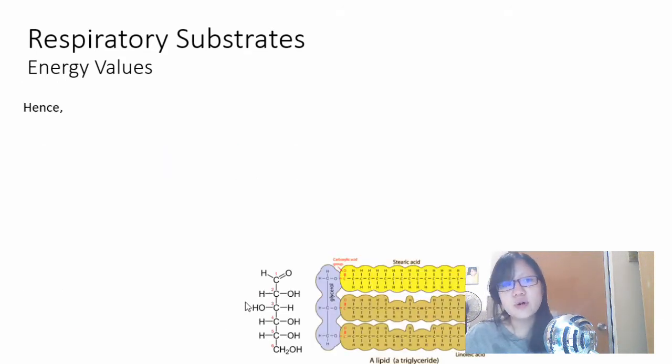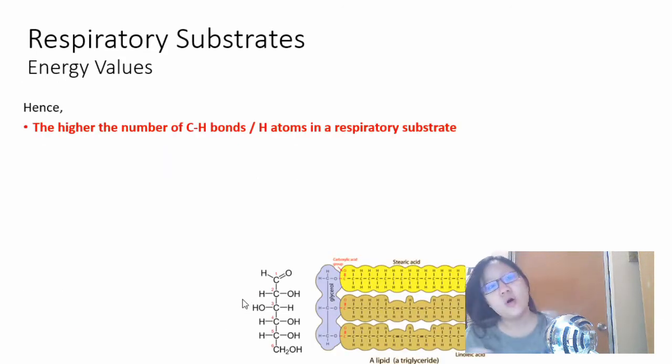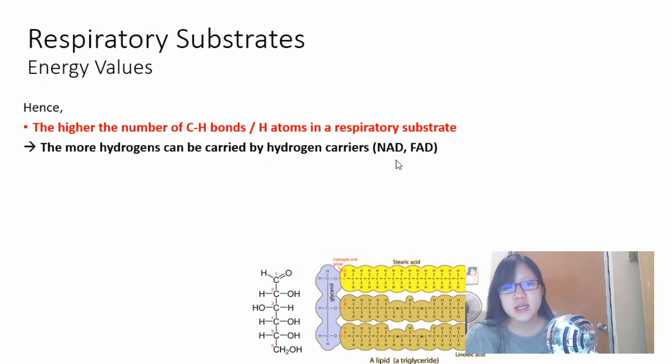So we can safely conclude also that the more carbon-hydrogen bonds you have per unit mass in a respiratory substrate, or the more hydrogen atoms in a respiratory substrate you have, then the more hydrogens can be carried by the NAD and FAD. Then the more reduced NAD can be produced.